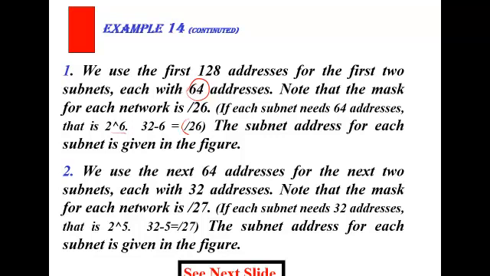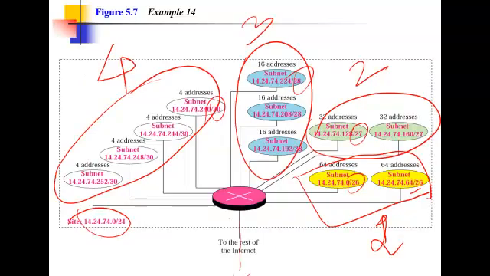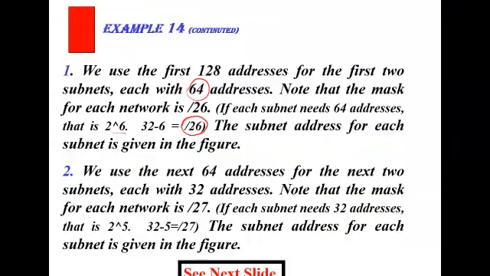So the subnet prefix length for the first subnets will be 26, as we have seen in the previous diagram. Now we use the next 64 addresses for the next two subnets, meaning 32 addresses each. 32 means 2 to the power 5, and 32 minus 5 is 27. So the prefix length will be 27.